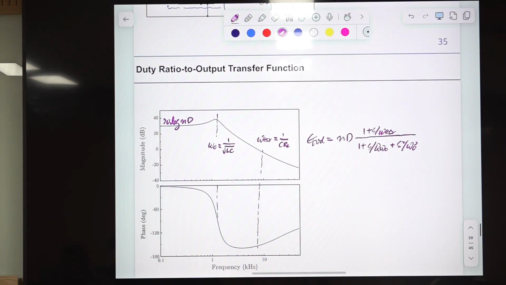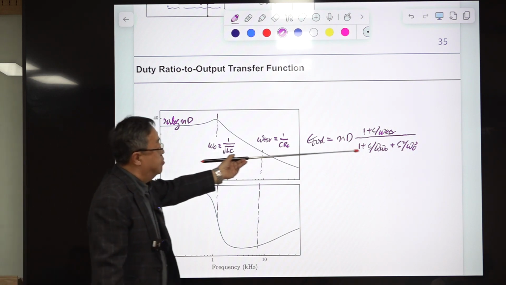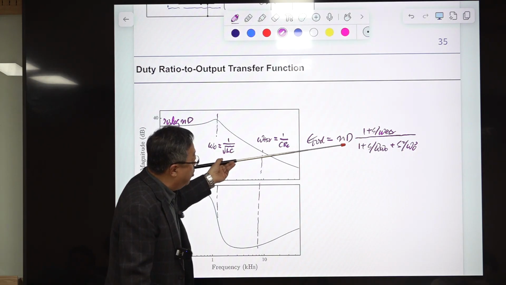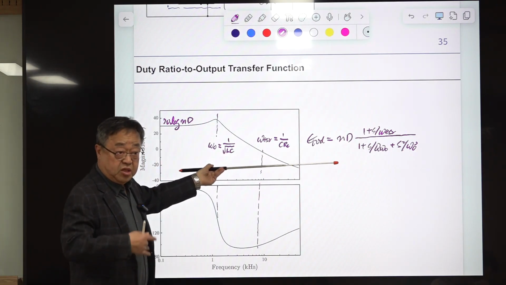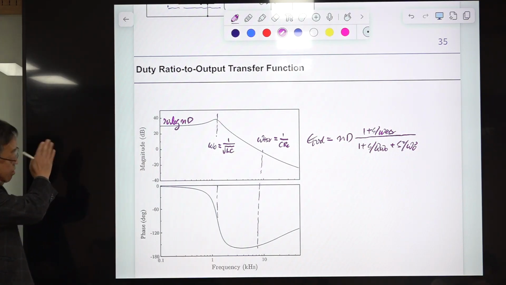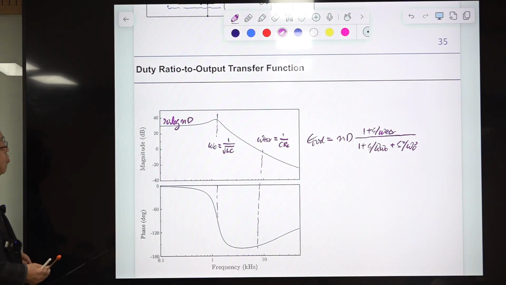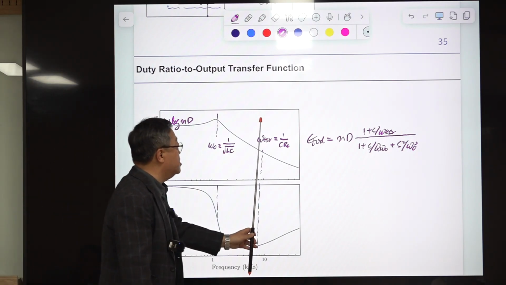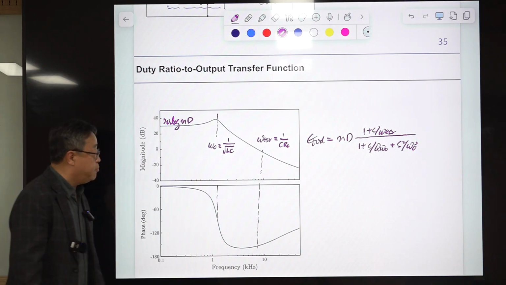This is the PSPICE simulation result of the small signal model for the converter. And this is the duty ratio to output transfer function, and the transfer function is given by this. Everything remained the same, but in the buck converter, this low frequency gain was D. Now we have ND because of the presence of the transformer with turns ratio 1 to N. And this frequency, the double pole frequency, and omega ESR are the same as the previous case.